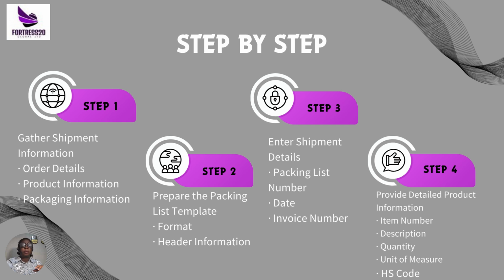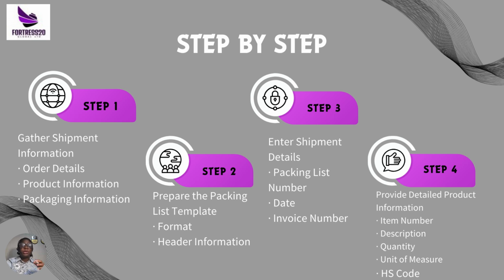Step 2 is to prepare the packing list template. What format do you want to use? Do you want to use Word? Do you want to use Excel or any other specialized software? Then the header information. The header information typically includes the company's details, your own details, the buyer's details, and the shipping details.